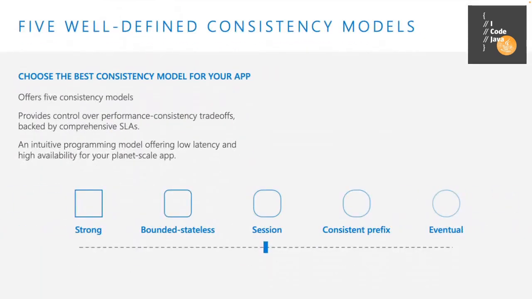It's also got this idea of consistency models. If you're familiar with the CAP theorem of distributed computing, you have consistency, availability, and partition tolerance. You can have two; you just can't get all three. So this is where you get to choose what that blend is. On the left-hand side, we have strong consistency, which is probably closest to ACID compliance in a relational database.